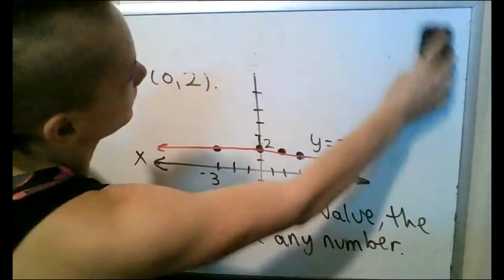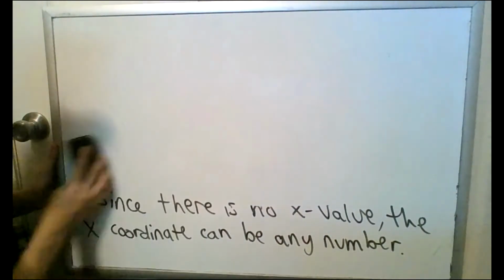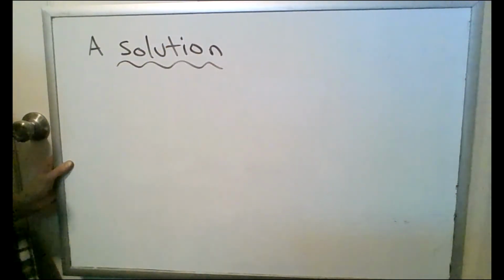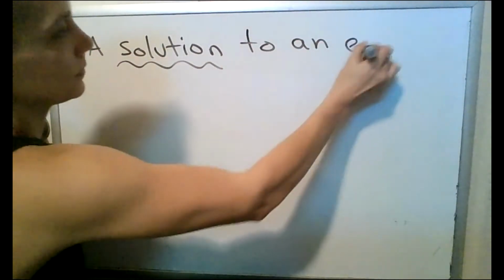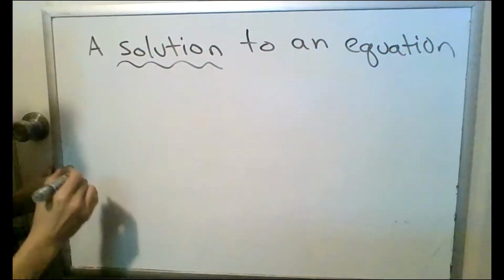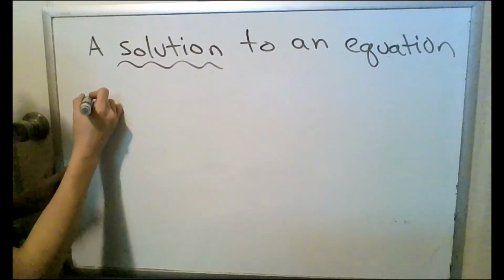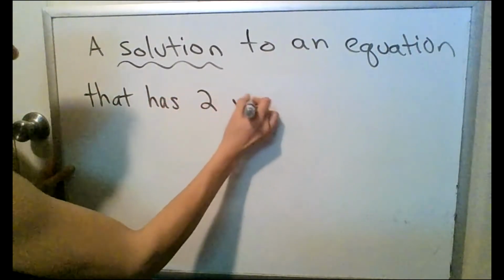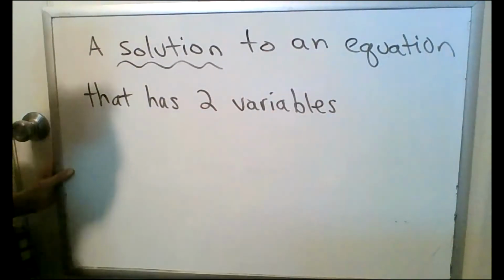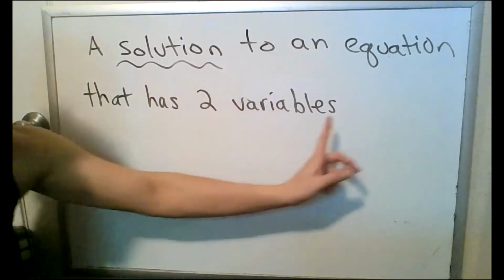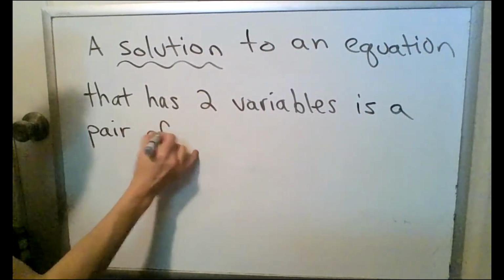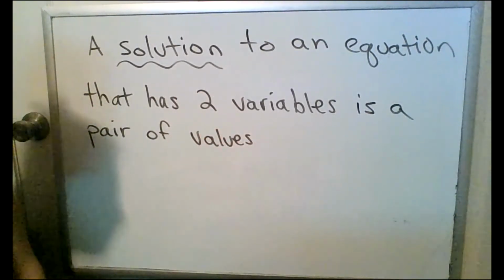All right, the difference is that in an equation that has two variables, the solution is a pair of values that make the equation a true statement.